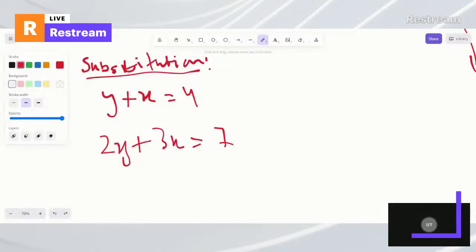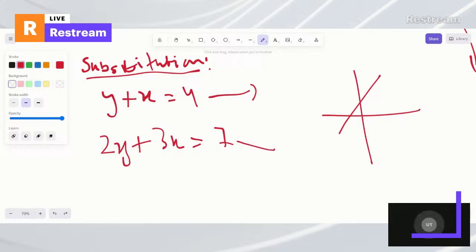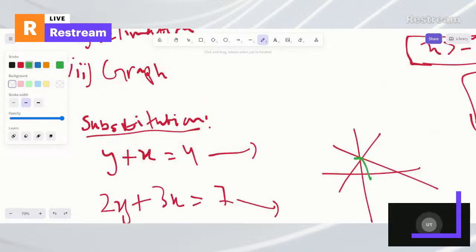Solving simultaneous equations means that each equation will have a separate line on the graph. The point where these two lines intersect is where we need to find the values of x and y. I hope you understand the concept of solving simultaneous equations.